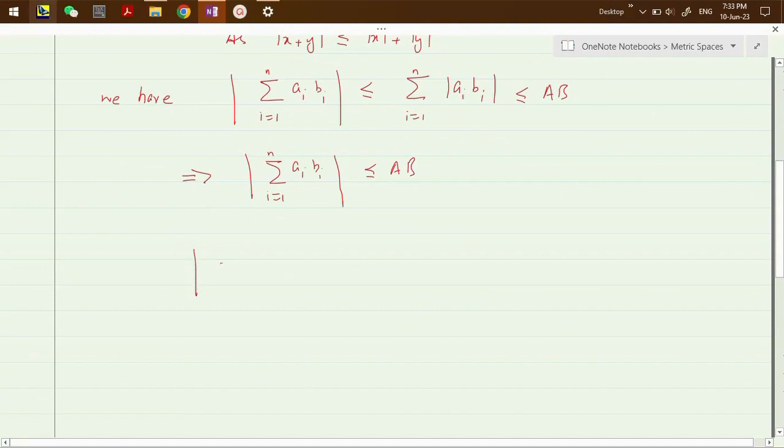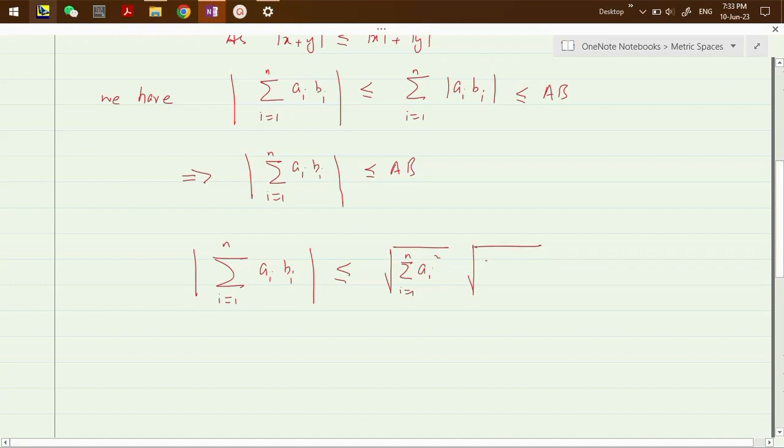So mod of summation i from 1 to n ai bi less than or equal to, what is a? A is root of summation i from 1 to n ai square into b.